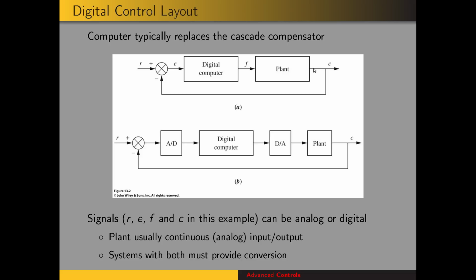It's common for the input and output of the plant to be analog, so a continuous signal, and in that case we would need an analog to digital converter going into the digital computer and a digital to analog converter between the computer and the plant.